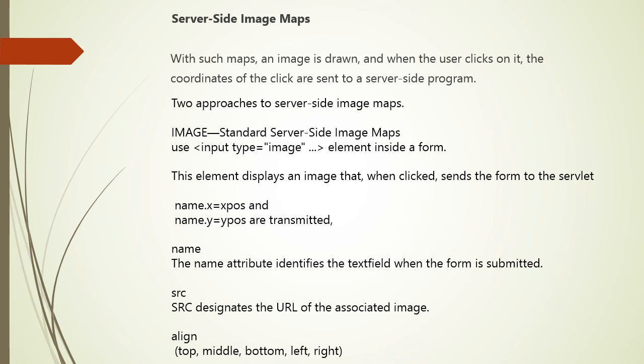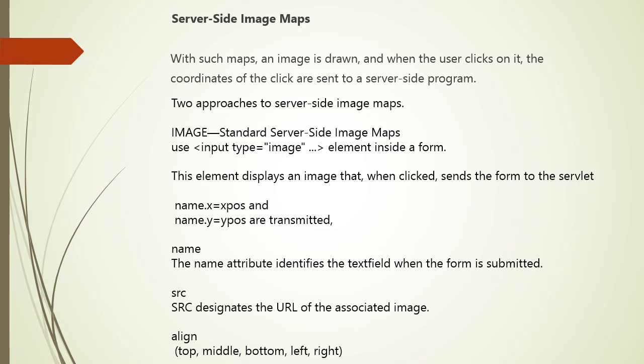HTML also supports server-side image maps that can be used within HTML forms. With such maps, the image is drawn and when the user clicks on it, the coordinates of the click are sent to a server-side program. This section discusses two approaches to server-side image maps.